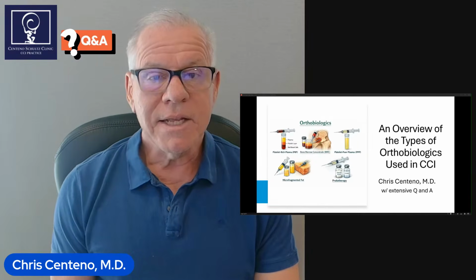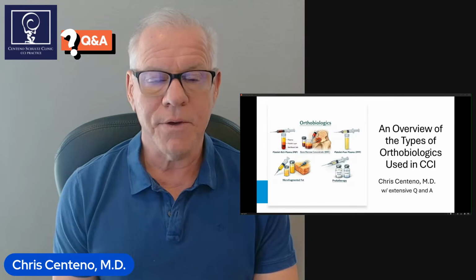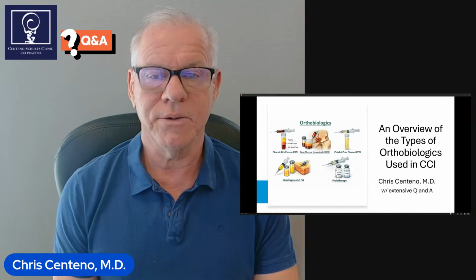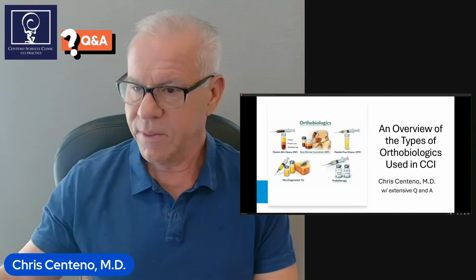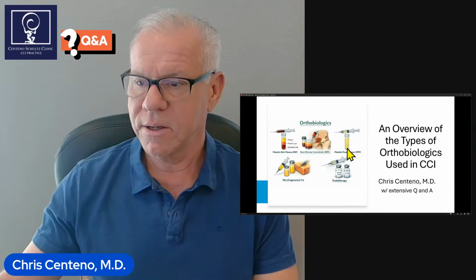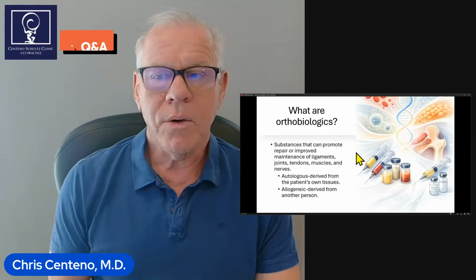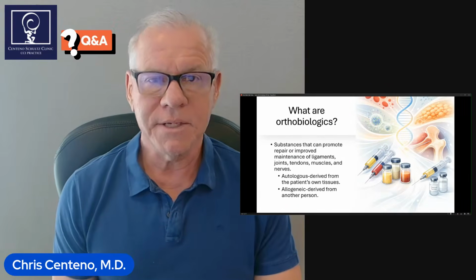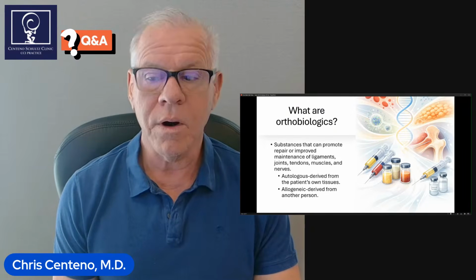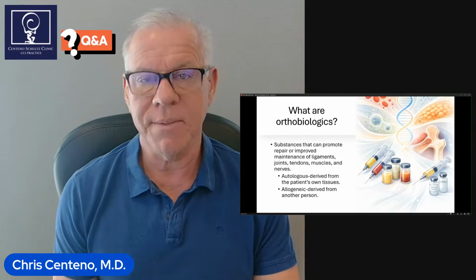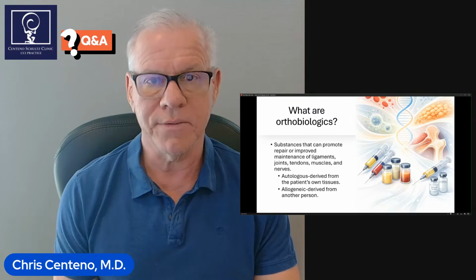So let's get into this topic, right? An overview of the types of orthobiologics used in CCI, or craniocervical instability. So what are orthobiologics? They're substances that can promote repair or improve maintenance of ligaments, joints, tendons, muscles, and nerves.